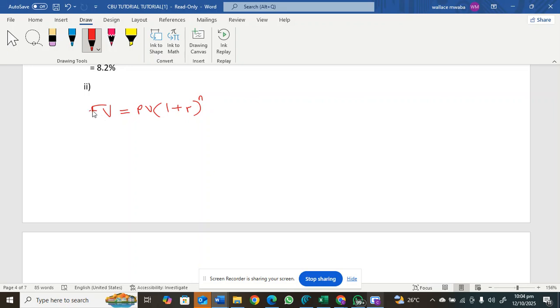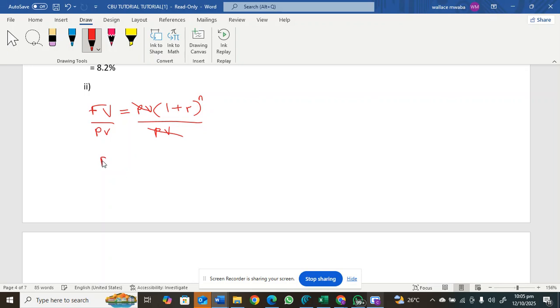So if we have to make n the subject of the formula, first things first, we need to get rid of this PV here. So you divide both sides by present value. So the present value cancels out.